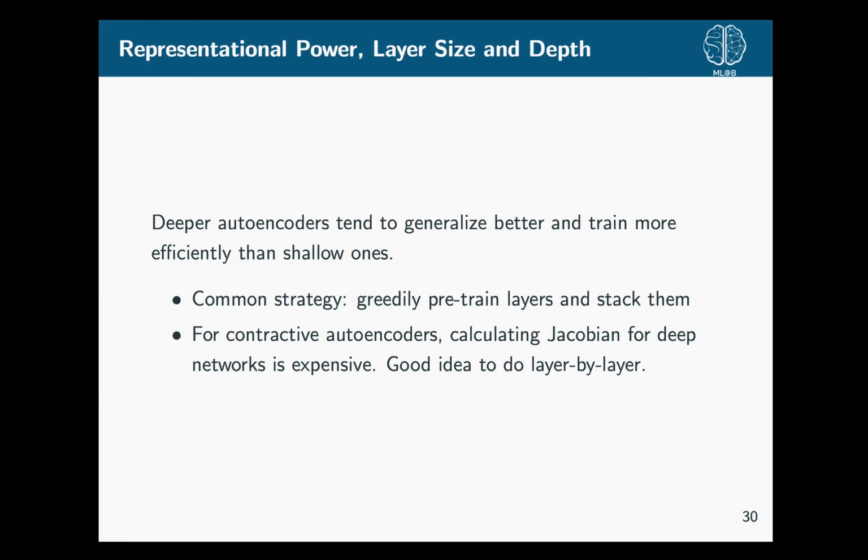Do you have a question? No? Yes? So for contractive autoencoding, the idea is that when you have two separate inputs that are different by a certain amount, we want the difference in the latent space to also resemble the same difference in the original space.